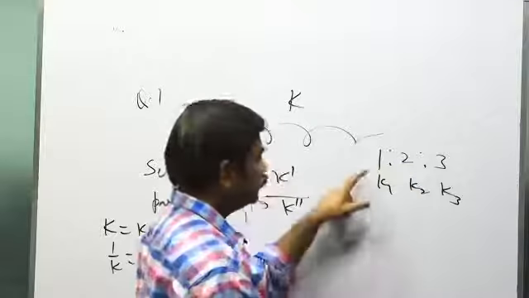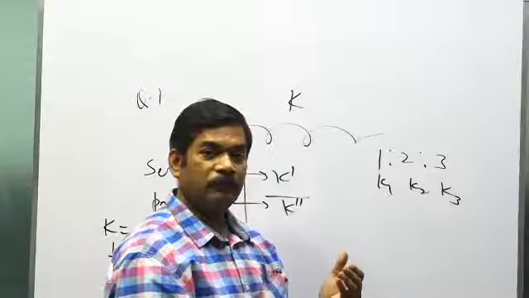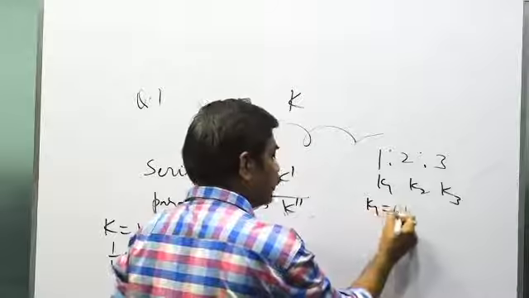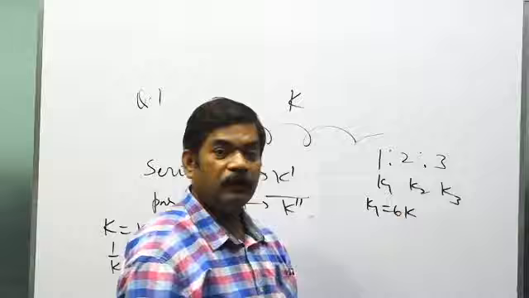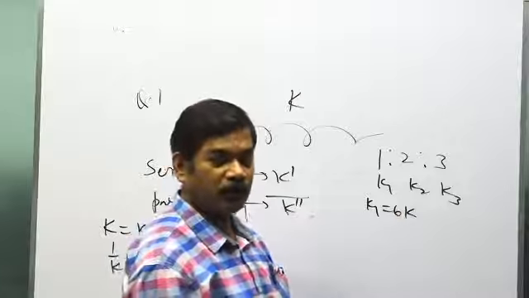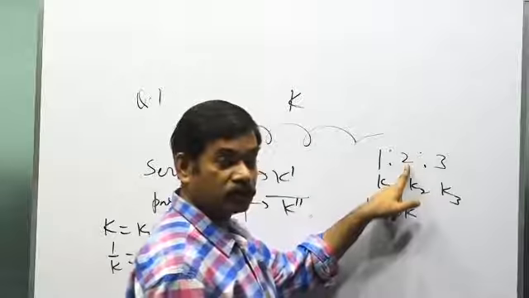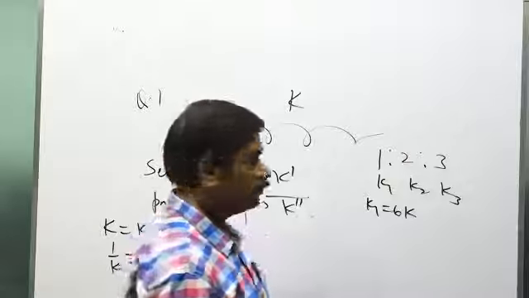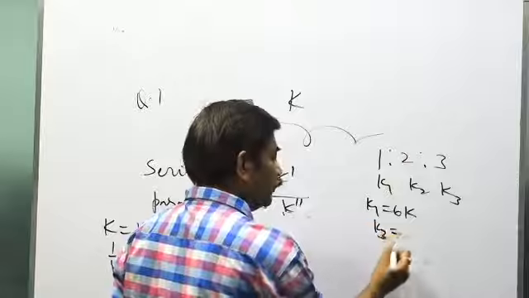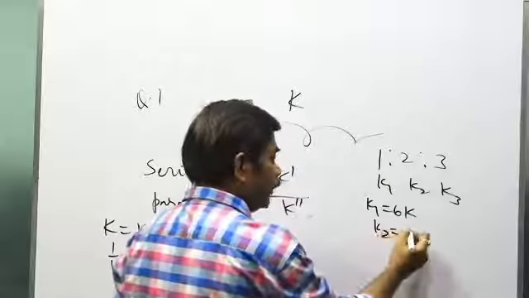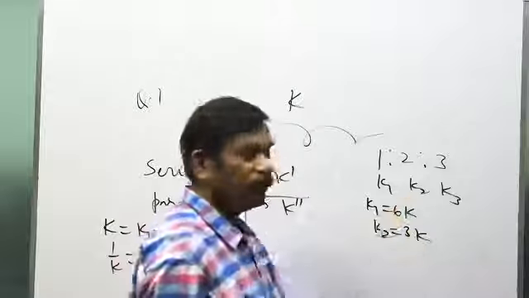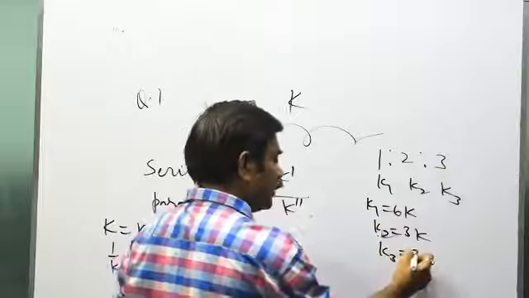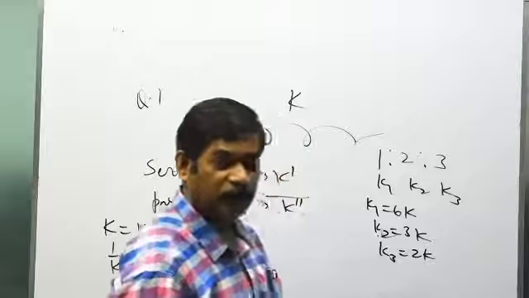So its force constant K1 will be 6K. The part with ratio 2 is 1/3 of the length of the spring, so its force constant K2 will be the reciprocal of that, 3K. And this is half of the length, so its force constant K3 will be the reciprocal of that, 2K.